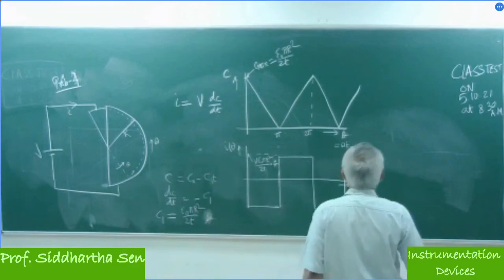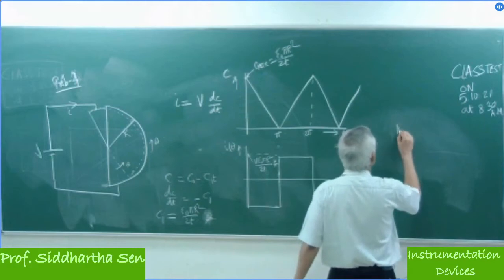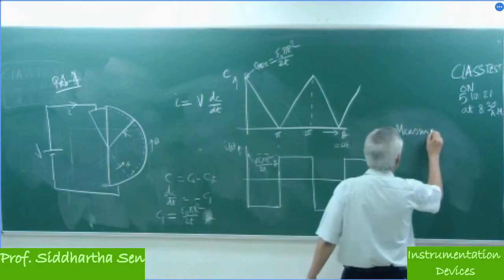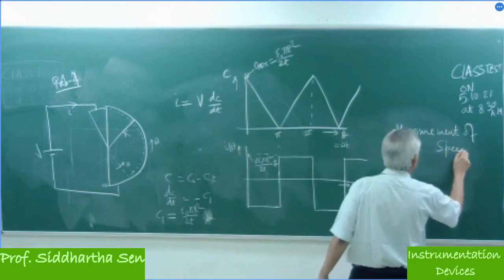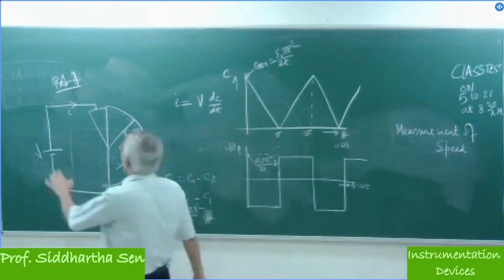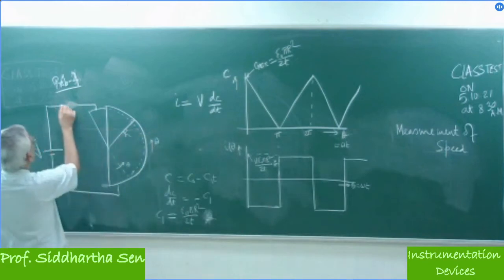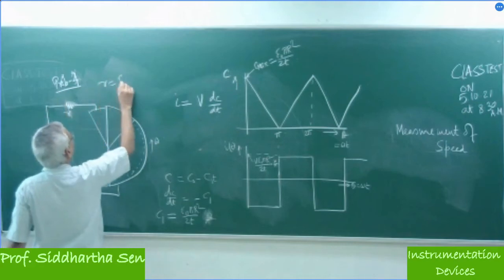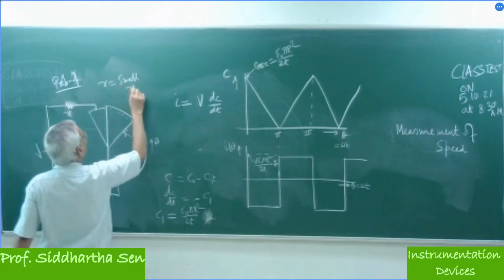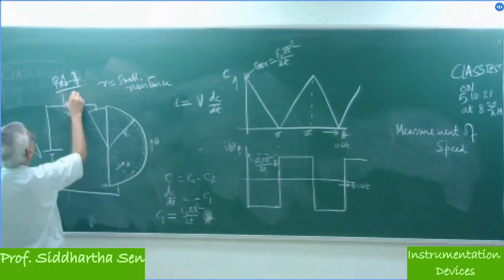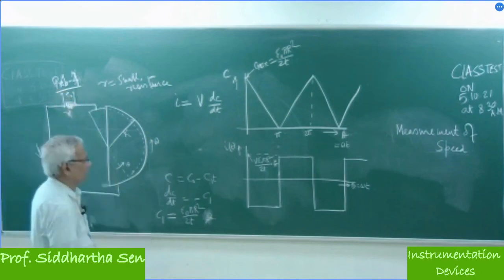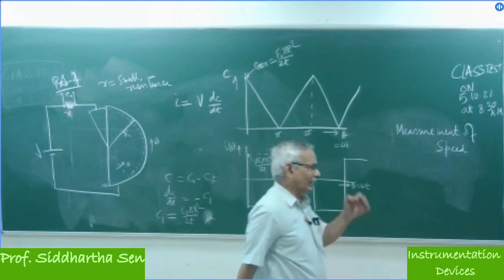So this can be nicely used for measurement of speed. You place a small resistance R, and you measure the voltage E0 across it.